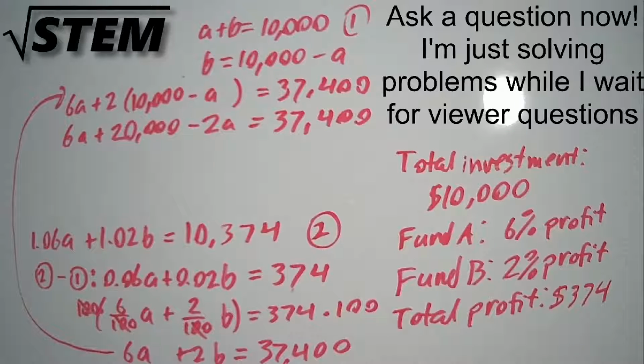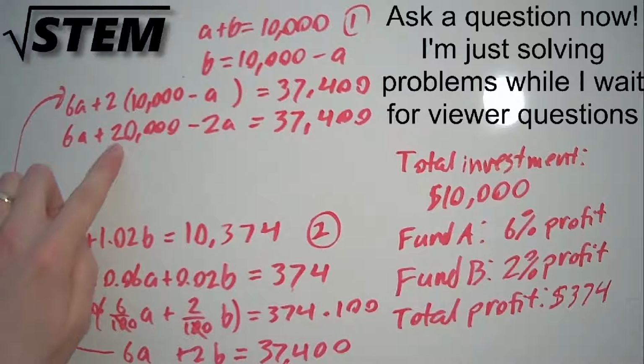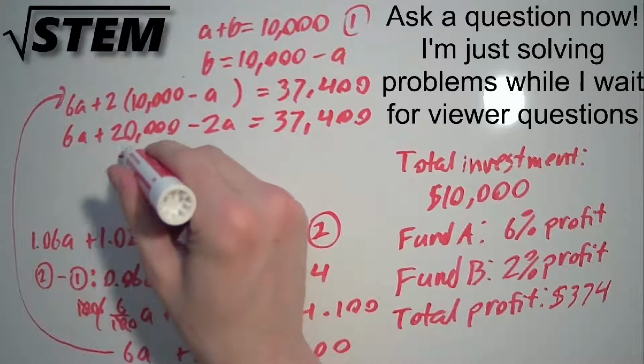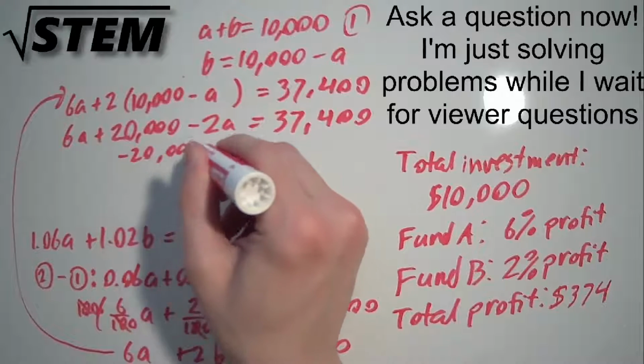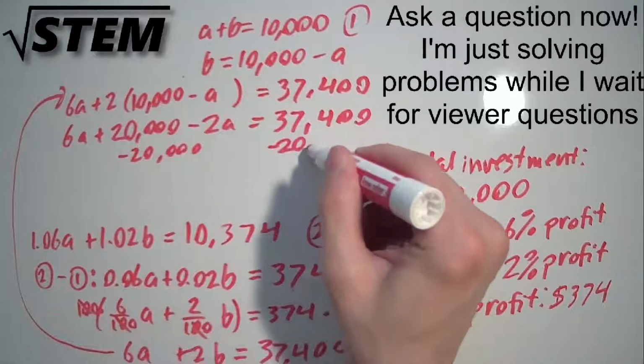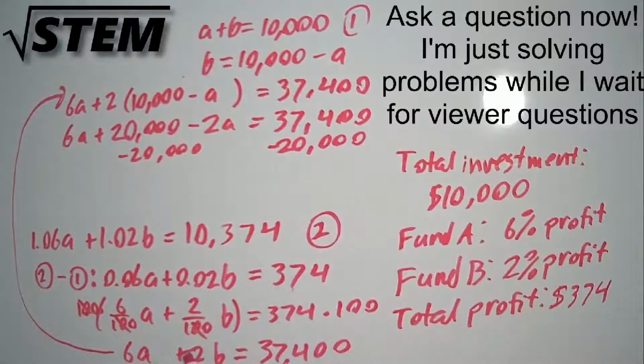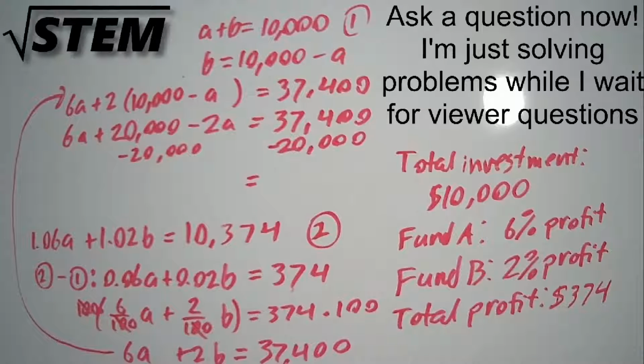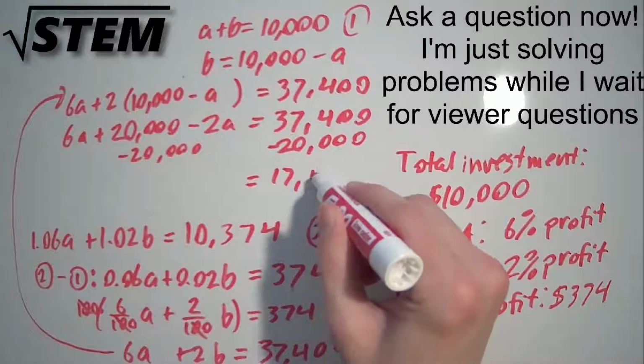Now let's subtract 20,000 from both sides. We'll get rid of that on the left-hand side. So over here, 37,400 minus 20,000 is going to be 17,400.